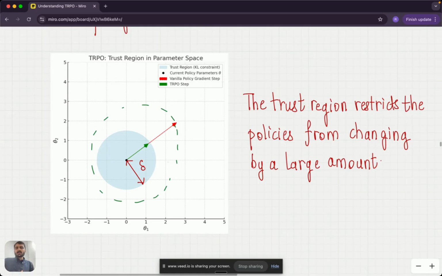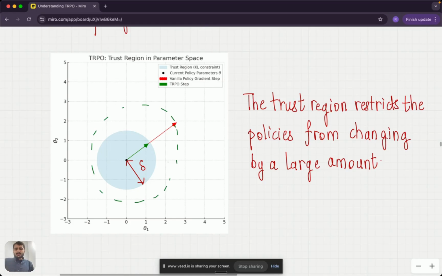So what we do is we calculate the distribution of the states under the old policy only, and then we construct a new objective function that we want to maximize. And this new objective function is such that it is always less than the original objective function, and it matches the original objective function at one point.